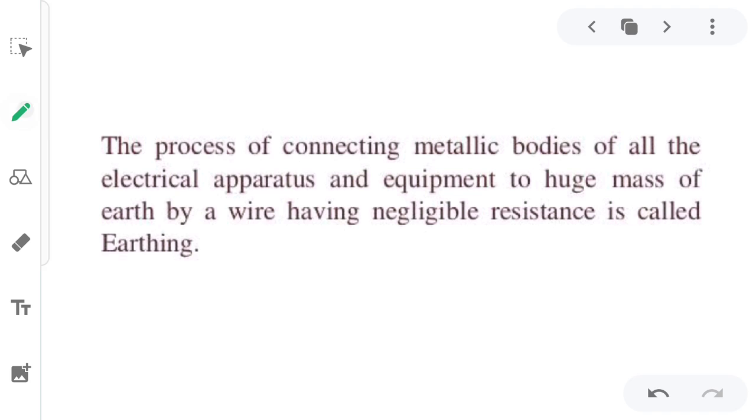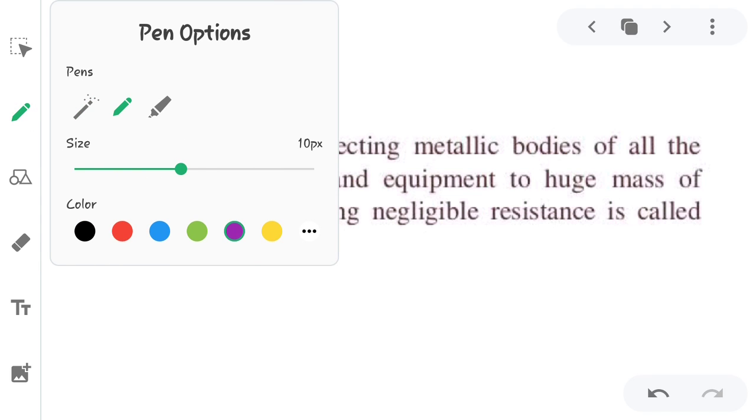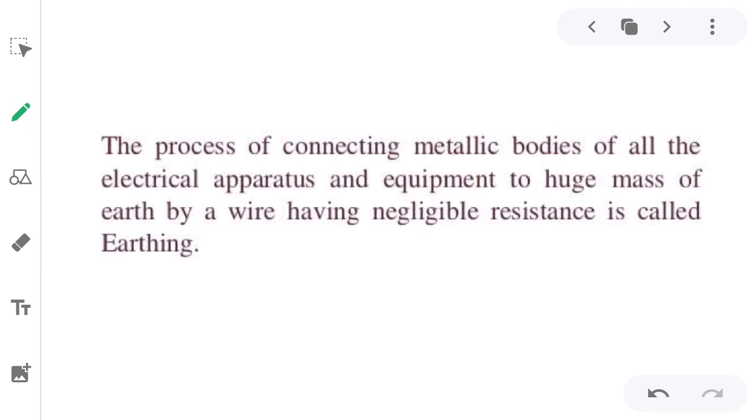Here two points are there. First one is the metallic body. While doing earthing, we connect most of the metallic bodies. In non-metallic bodies we don't require earthing.